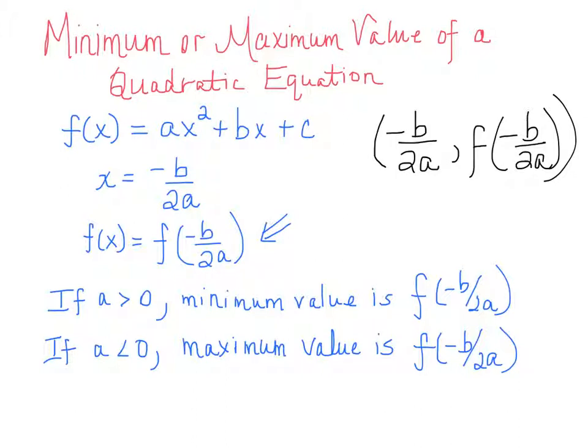Note that the negative b over 2a is your x-coordinate, and the f of negative b over 2a is your f of x coordinate, which is the same thing as your y.